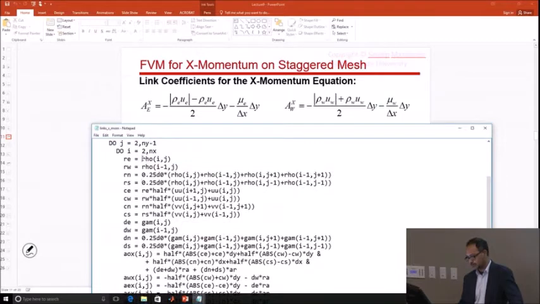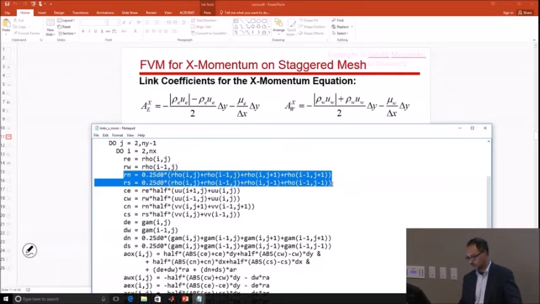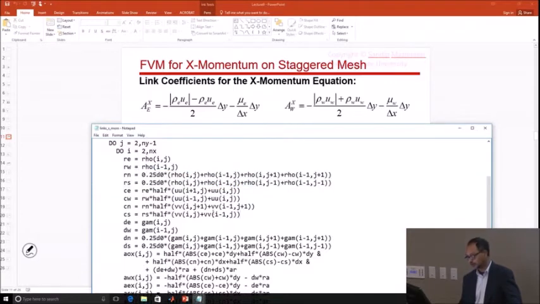So for example, my rho East is rho naught. This is again based on the staggered mesh interpolation formulas that we had. You see 2 of them are direct relationships and 2 of them are 4-point relationships, divided by 4. That's the 0.25 multiplication there. So it's interpolating the rho, calculating rho east, rho west, rho north, rho south.